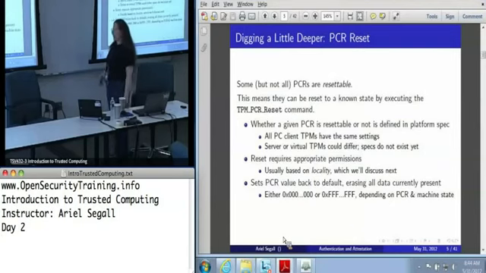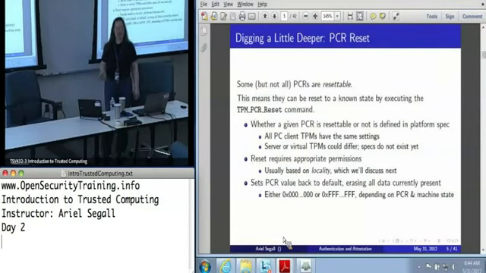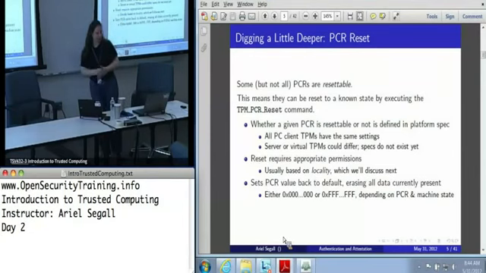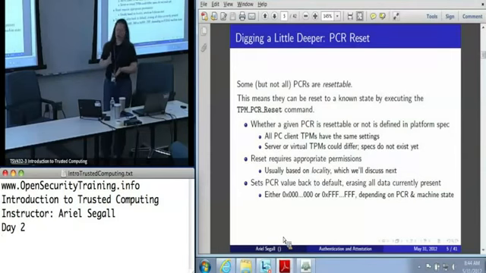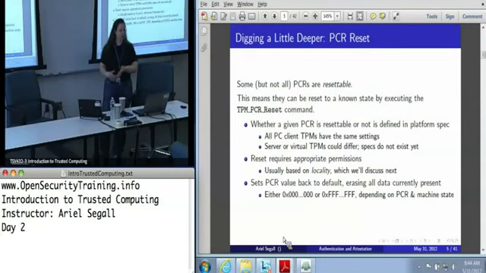So some, but not all, PCRs, and we're going to get to which ones those are and why, are what's called resettable. And this means that at any point during the machine's boot cycle, or in some cases during a specific point in the machine's runtime, you can execute a PCR reset command, which for the resettable PCRs will set it back to either all zeros or all ones.